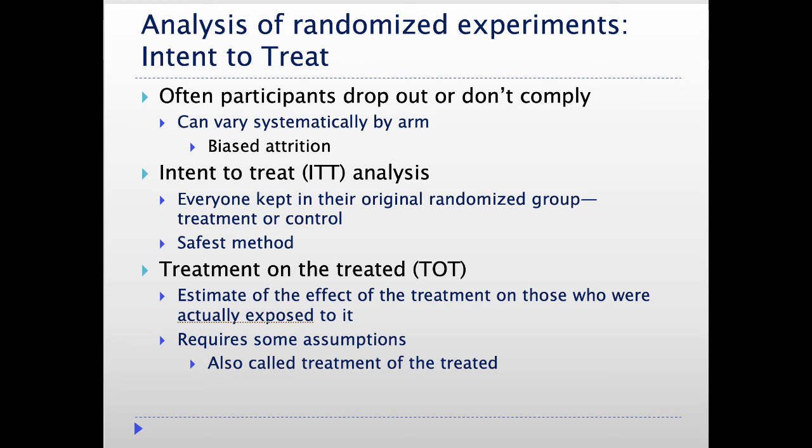Now we've changed that because we gave people vouchers, we made it financially more possible, but again, it's not random. So intent to treat analysis is comparing everyone in what they were randomized to everyone in the control group. That's the safest method because you know that's the one with your apples to apples comparison.